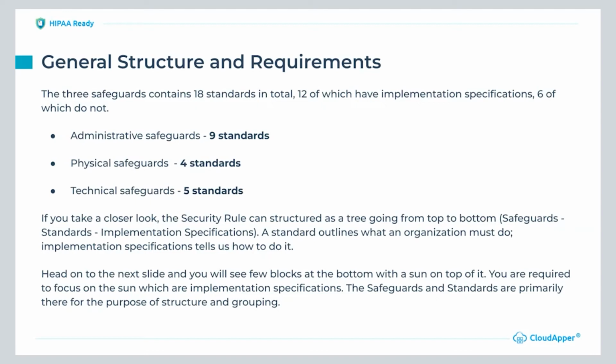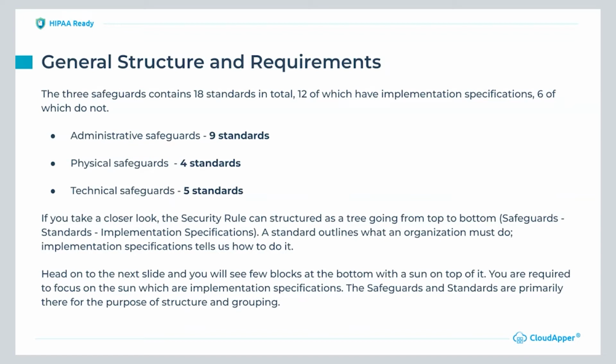General structure and requirements. The three safeguards contain 18 standards in total, 12 of which have implementation specifications, 6 of which do not. Administrative safeguards have 9 standards, physical safeguards have 4 standards, and technical safeguards have 5 standards. If you take a closer look, the security rule can be structured as a tree going from the top to bottom.